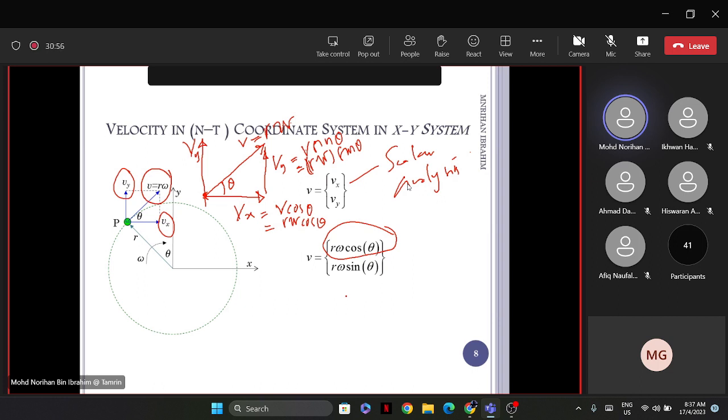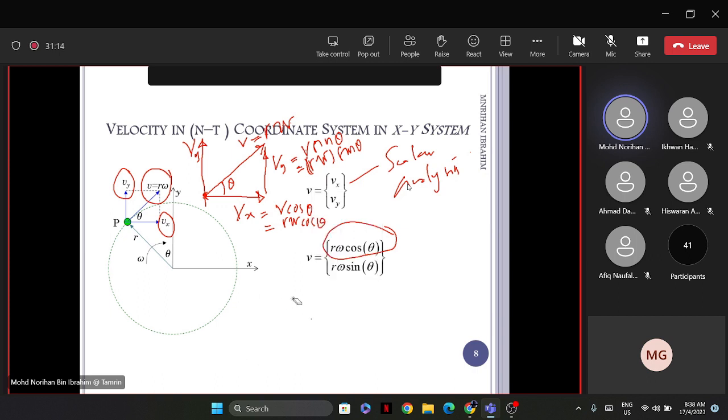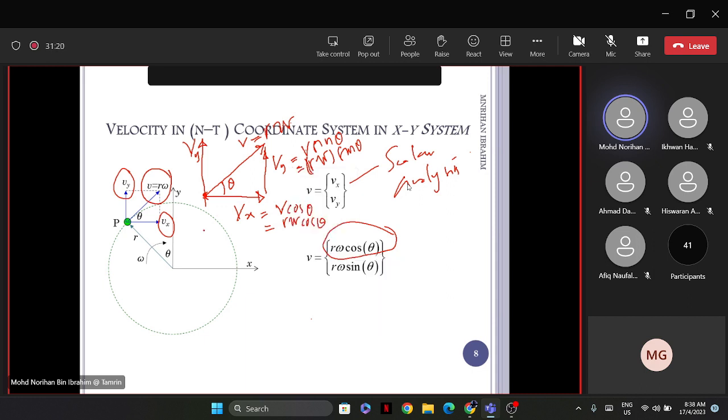And again, if you want to determine the magnitude of velocity, we need to apply the Pythagoras theorem. The magnitude of velocity V is equal to the square root of Vx squared plus Vy squared.